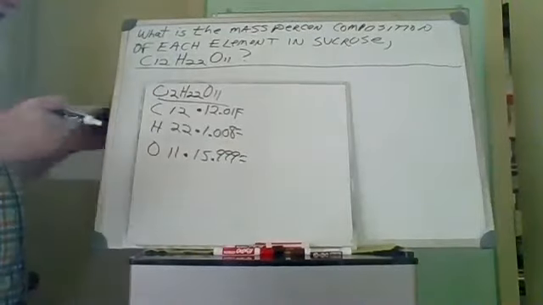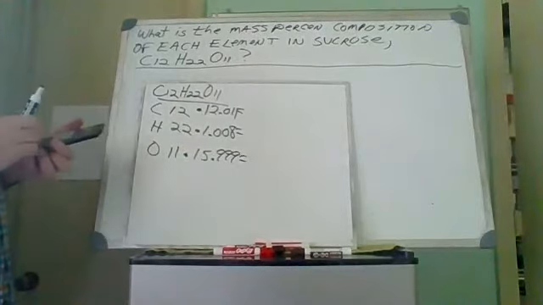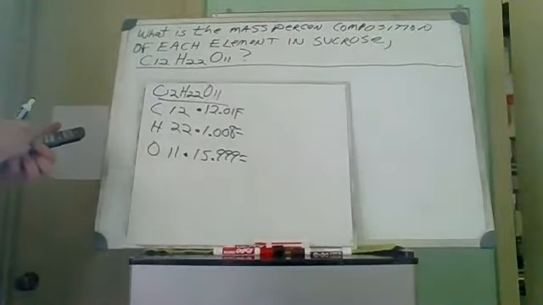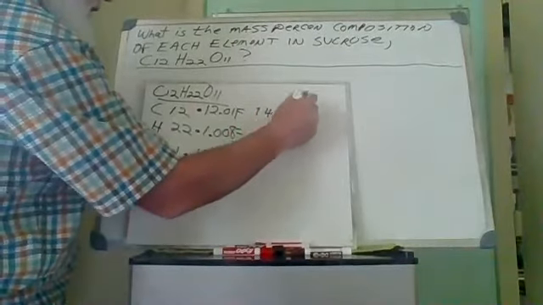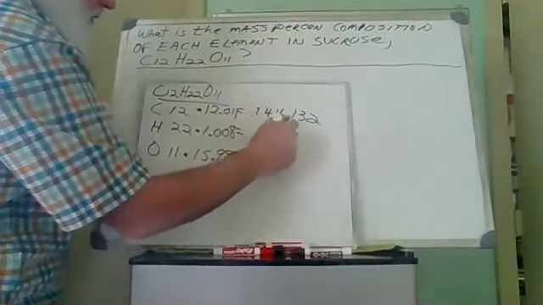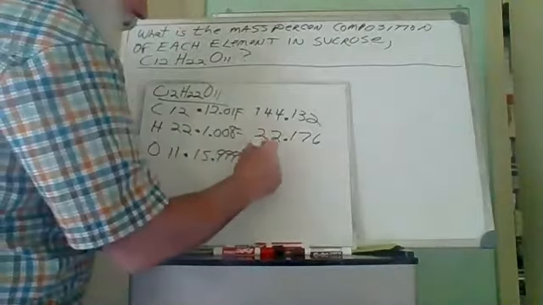All right, let's get the calculator. Clear all the memories. 144.132, put that in the first memory. And 22 times, and that's in the second memory. And 11, and that's in the third memory.